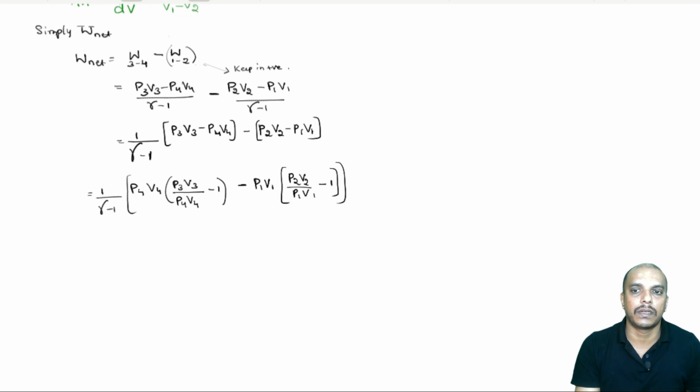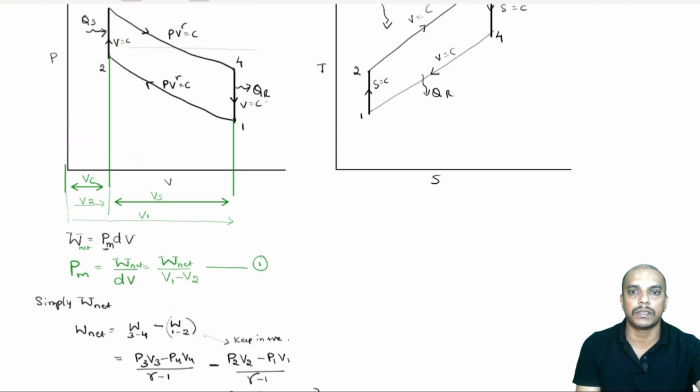So, this will be our expression, and we can further simplify this in terms of compression ratio. Now, remember, compression ratio here is V1 by V2. V1 is the total, Vc plus Vs, and V2 is Vc. We also know that V1 is equal to V4 and V2 is equal to V3.